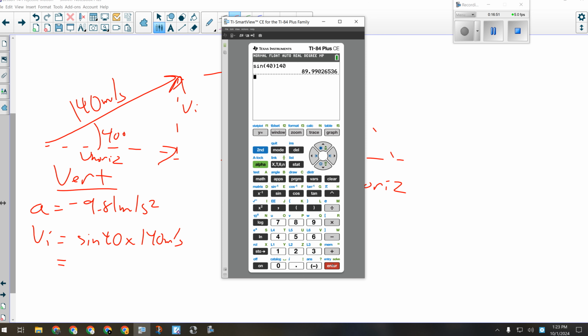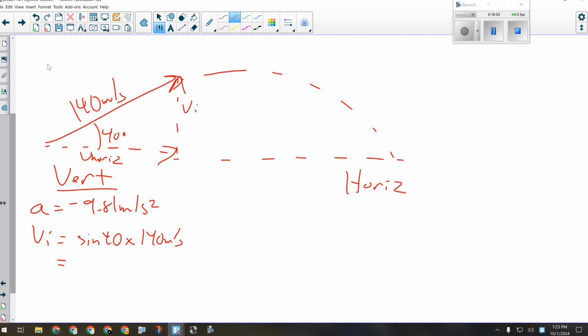So 89.99 meters per second, and that's positive. So what's VF? Negative 89.99 meters per second.